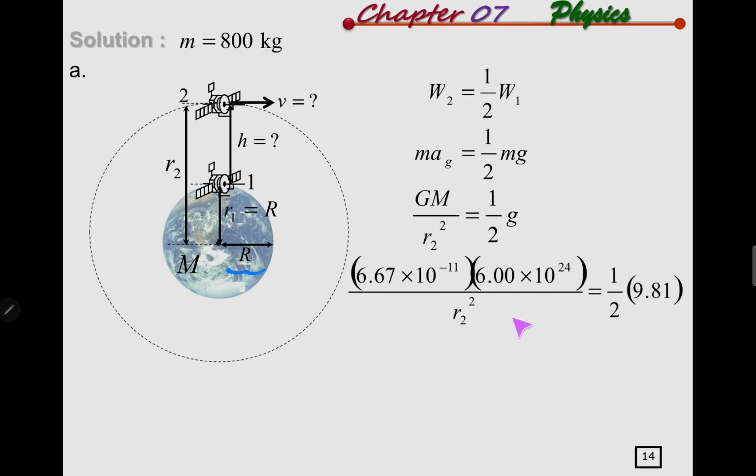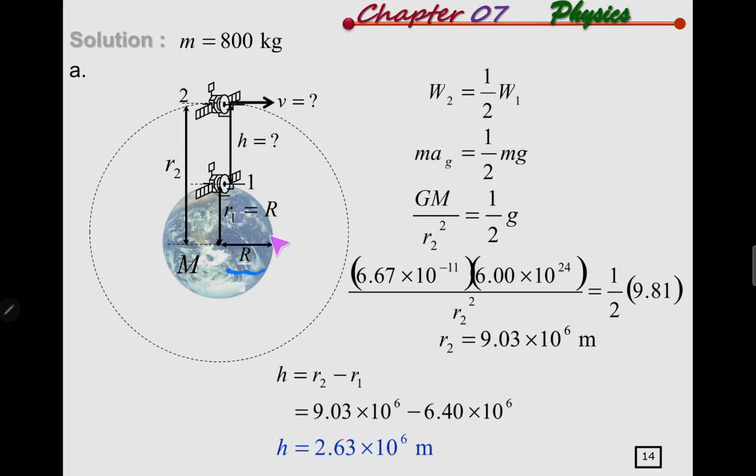So expand into the equation, which will become half of the gravitational acceleration, to determine the value of r. Once you have determined the value of r, which is the distance from the center to the orbit, in order to determine the height we just subtract the radius of the Earth.